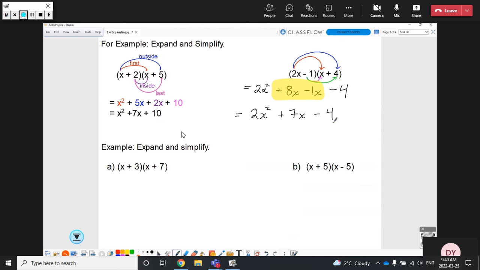Standard. So really what we've learned here is to go from a factored form, we use FOIL, and we get to a standard form. So maybe we could even just note that. Factored form, we use FOIL, and that puts us in standard form.